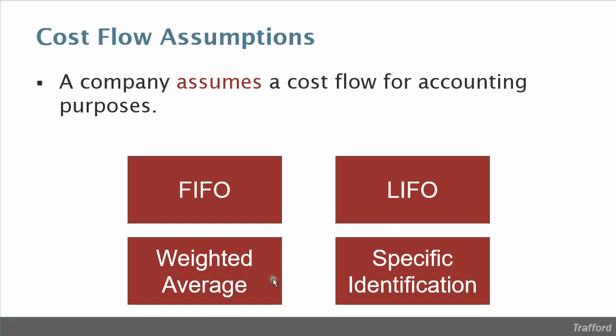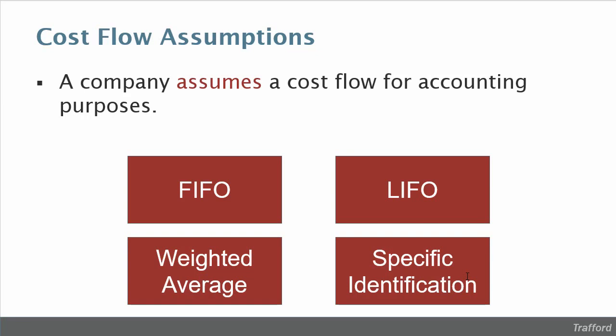Weighted average basically uses an average cost of items that a company had on hand and purchased during the period, and you weight them by how many units you bought. So if you had more of one cost than another, that cost would get weighted heavier. Specific identification really isn't so much an assumption.